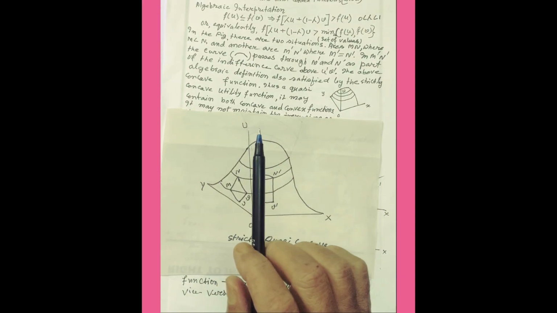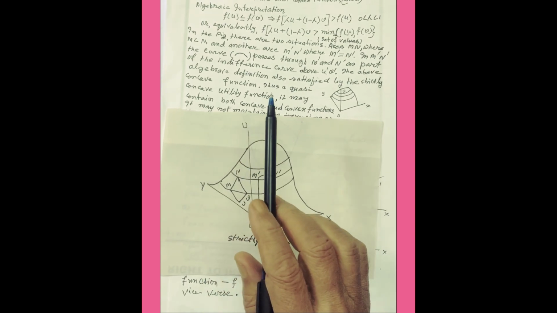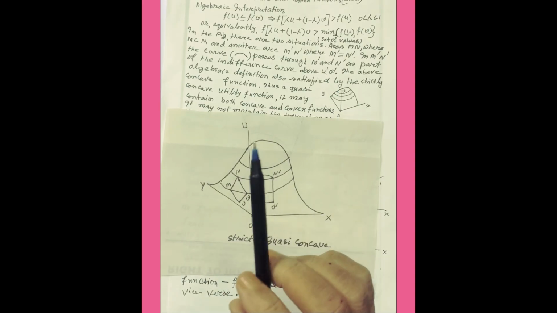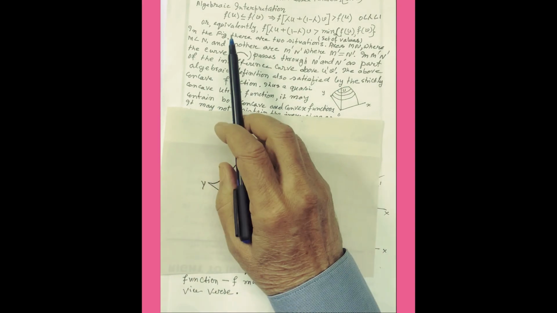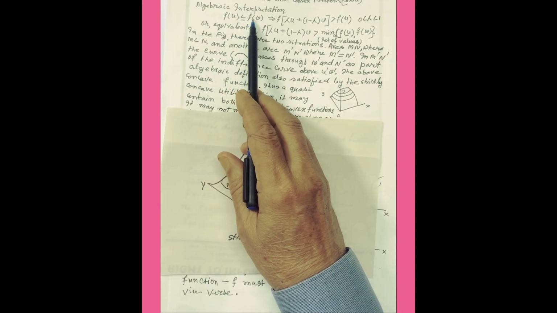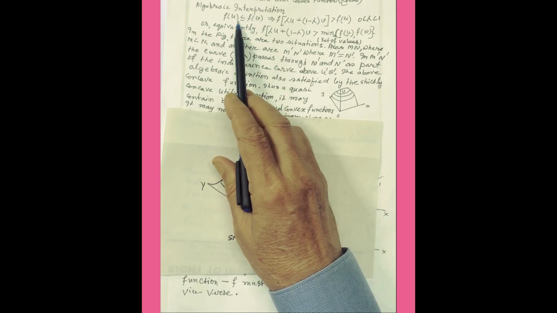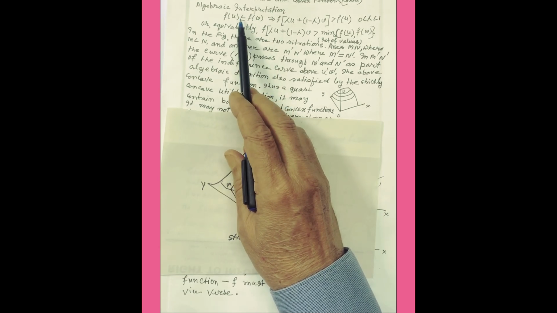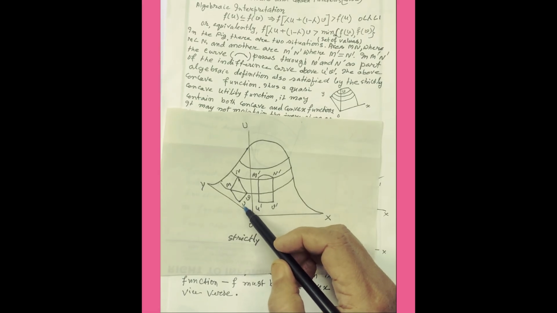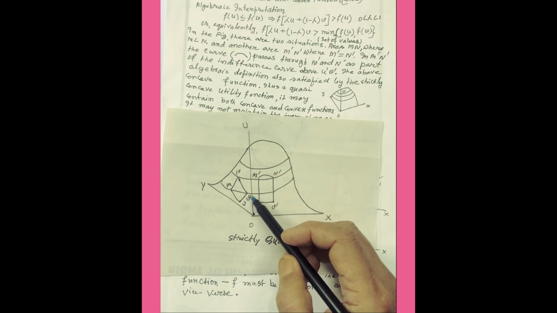Now what is the algebraic interpretation of quasi-concave and convex functions? Function u is less than or equal to function v, because you see u is at a lower level and v is at a higher level.